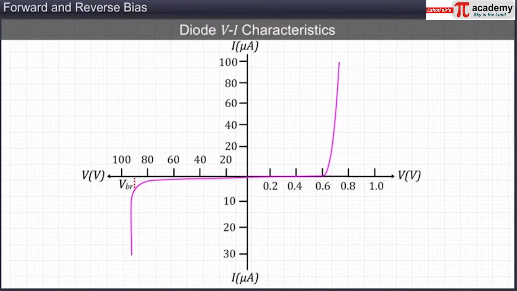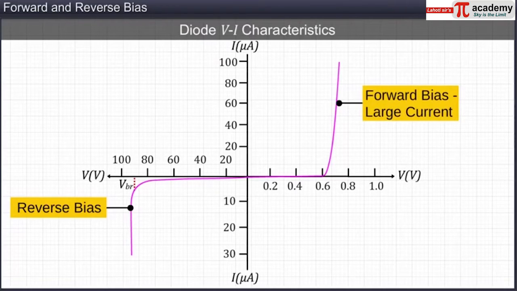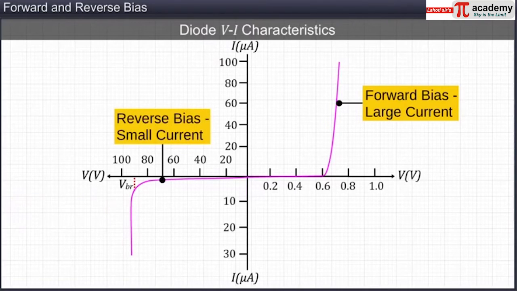The VI characteristics of a diode in forward bias and reverse bias are shown on the same graph for a comparison between them. We observe that a diode allows a large amount of current to flow when forward biased. In reverse bias, the diode allows a very small amount of current to flow unless it is operated in the breakdown region.